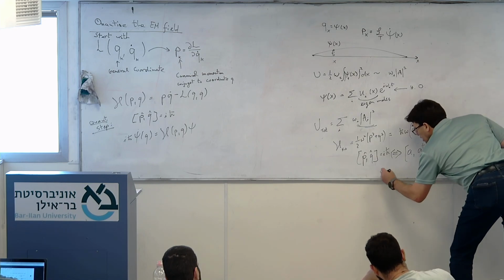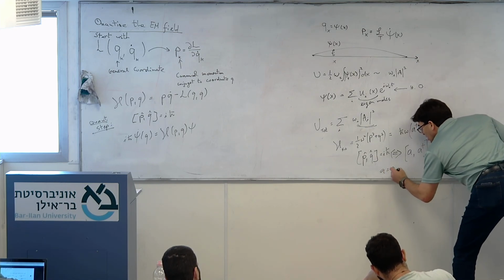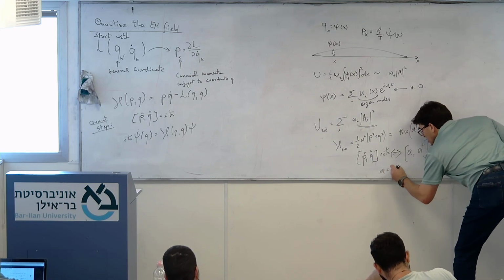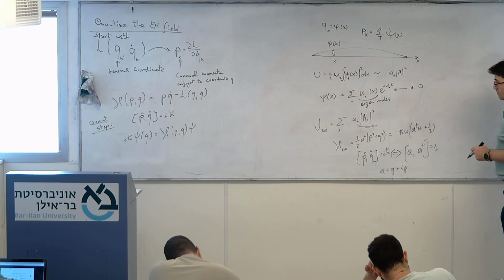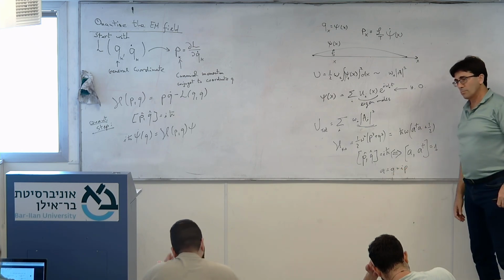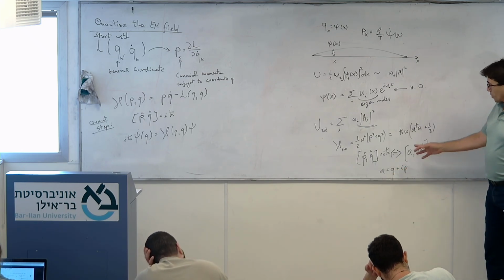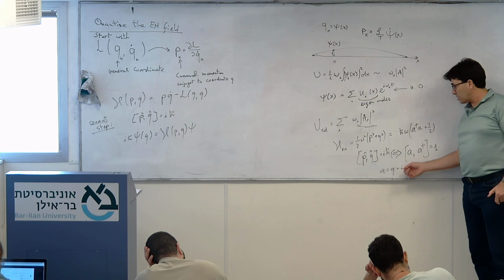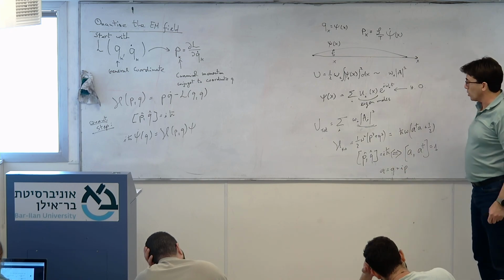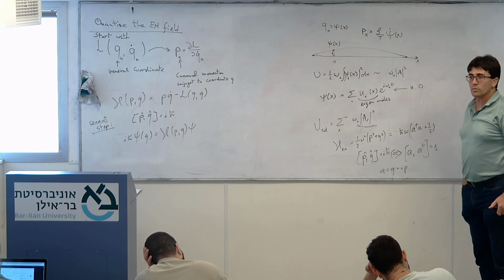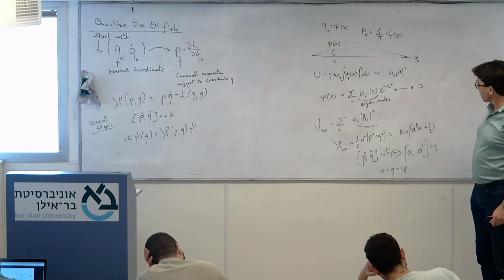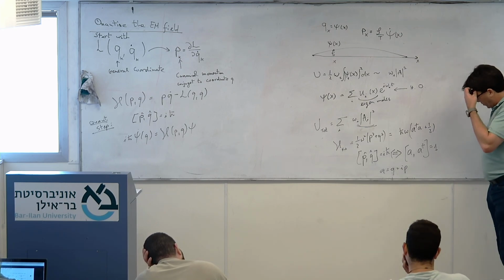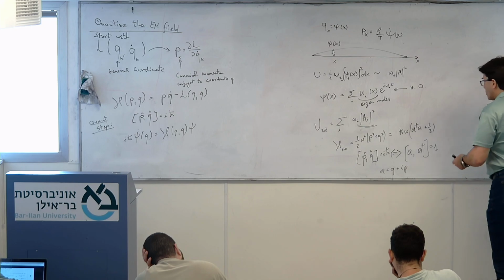Because A is simply Q plus IP. And if you think about that, for the real harmonic oscillator, this is simply what we would call the complex amplitude of this.